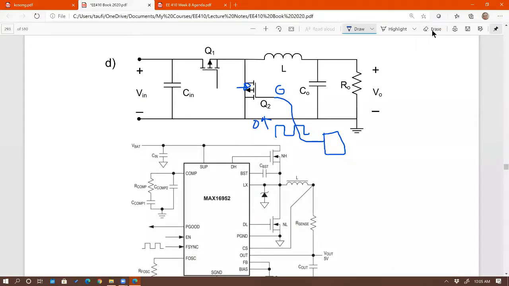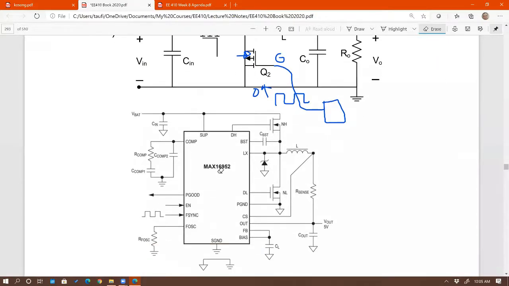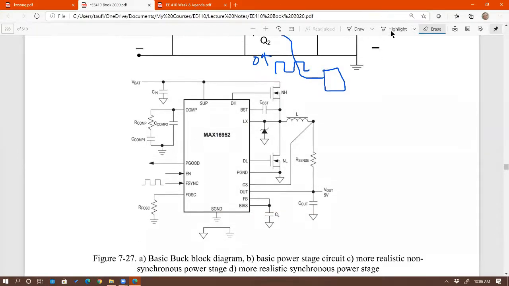Any other questions? Does that mean that for these chips we're seeing on this page, we're frequently supplying the control signals ourselves to these chips? This chip right here? Yeah, this chip is a controller chip. You can see the feedback right there, which is Vout.